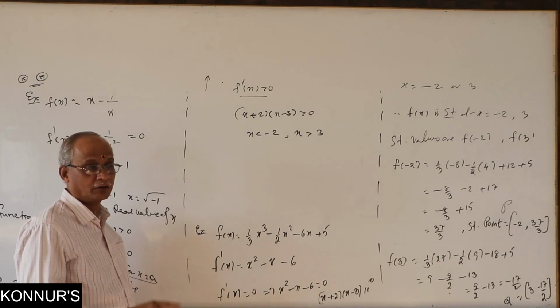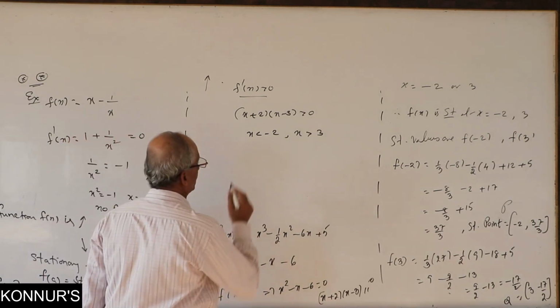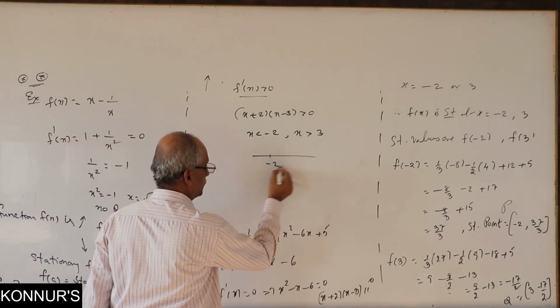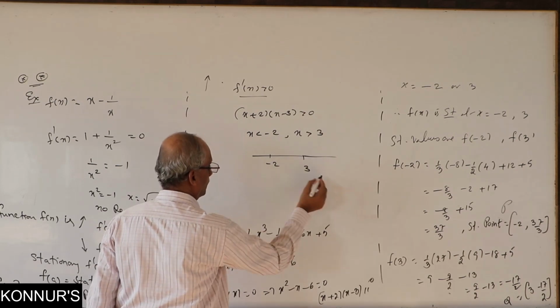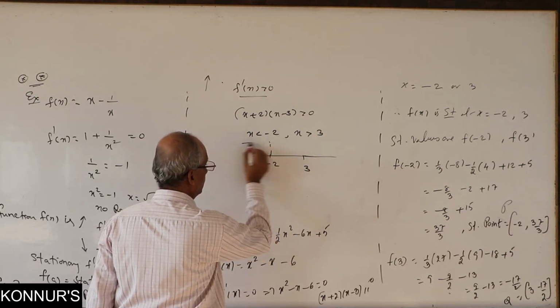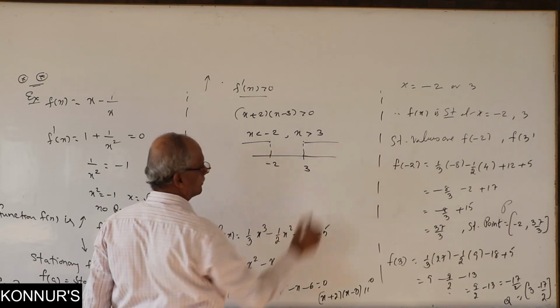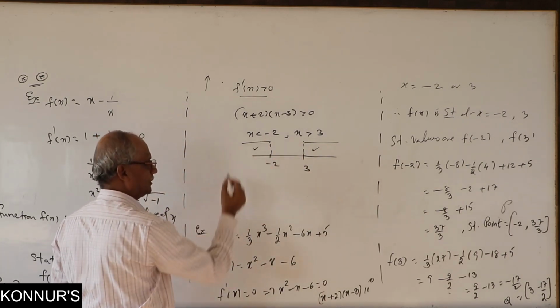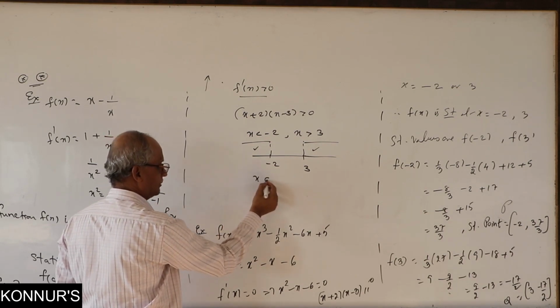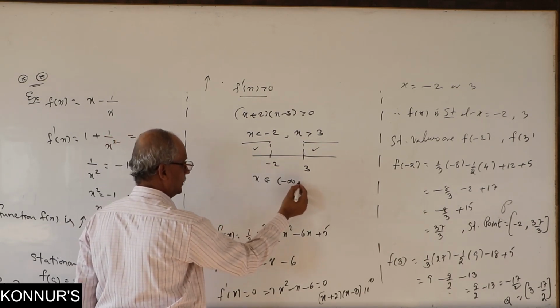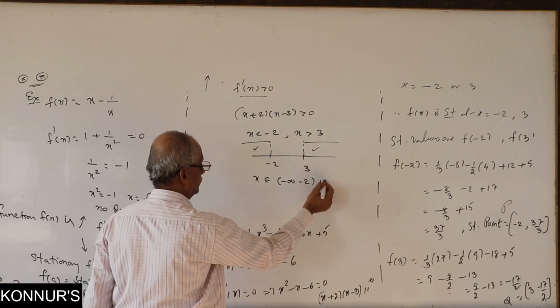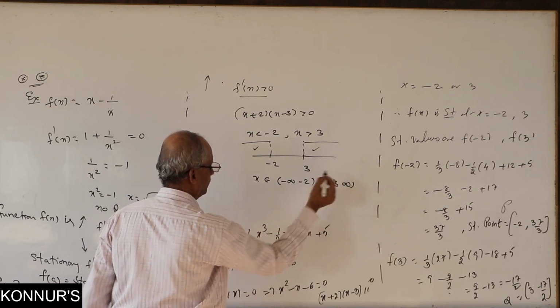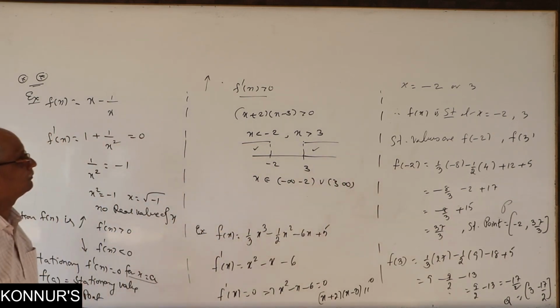Diagrammatically, minus 2, 3, before and after. This is our solution. In interval notation, x belongs to minus infinity to minus 2 union 3 to infinity. Completed, for increasing.